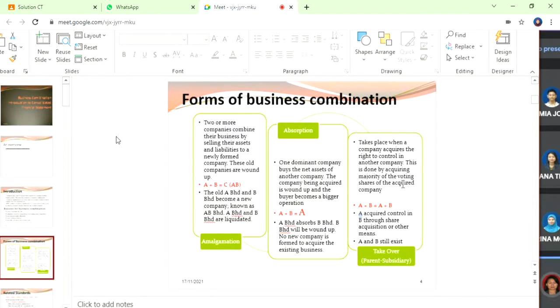You have already learned this in your earlier FAR papers, I think, in group accounting for companies. So when A acquires control in B, you can see that B continues to exist, and B will become the subsidiary of A.